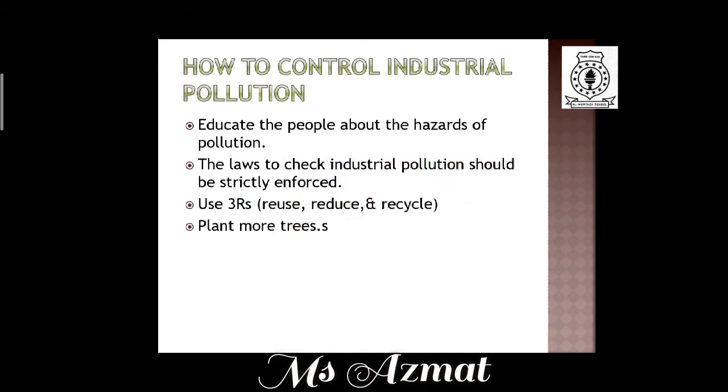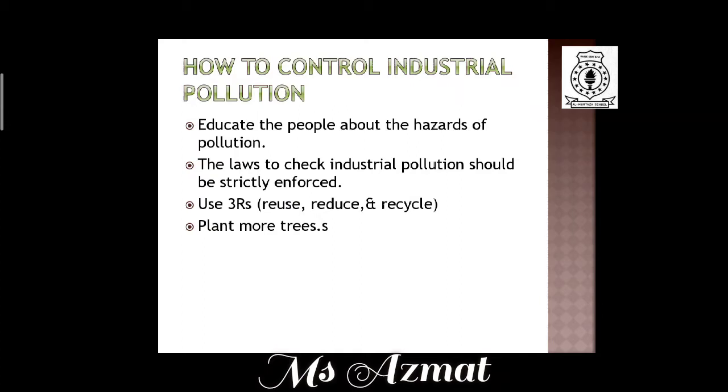How to control industrial pollution? Educate the people about the hazards of pollution. The laws to check industrial pollution should be strictly enforced. Use the 3 R's: reuse, reduce, and recycle.